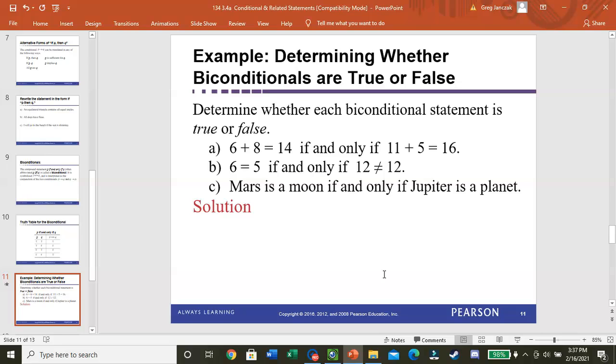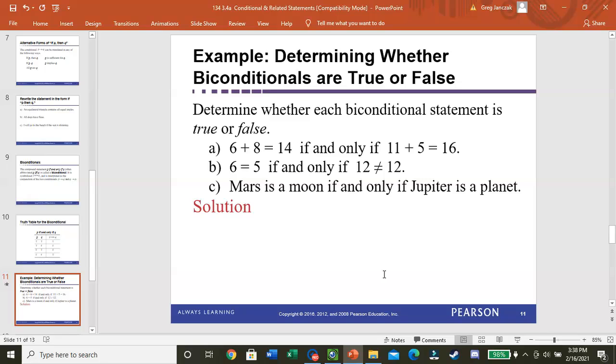Determine whether the biconditional statement is true or false. Let me get my board erased here. The P is 6 plus 8 equals 14.